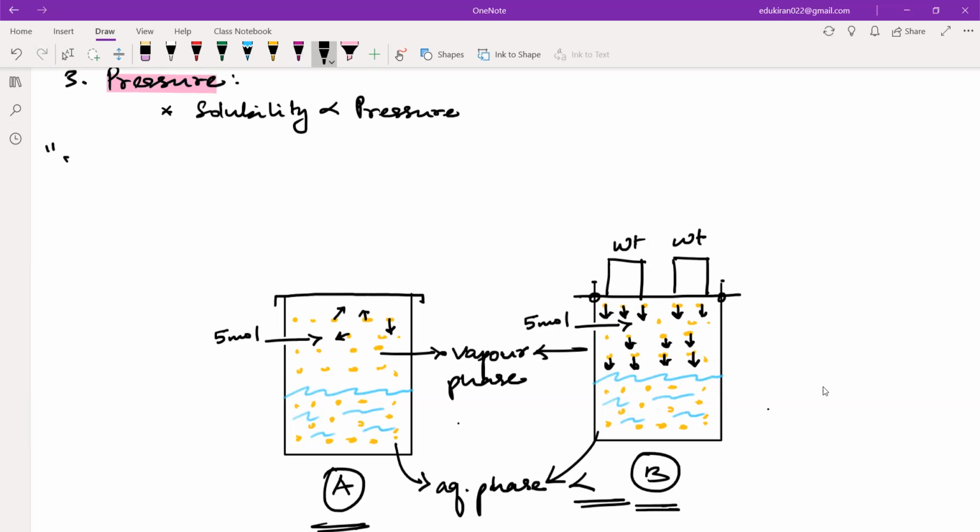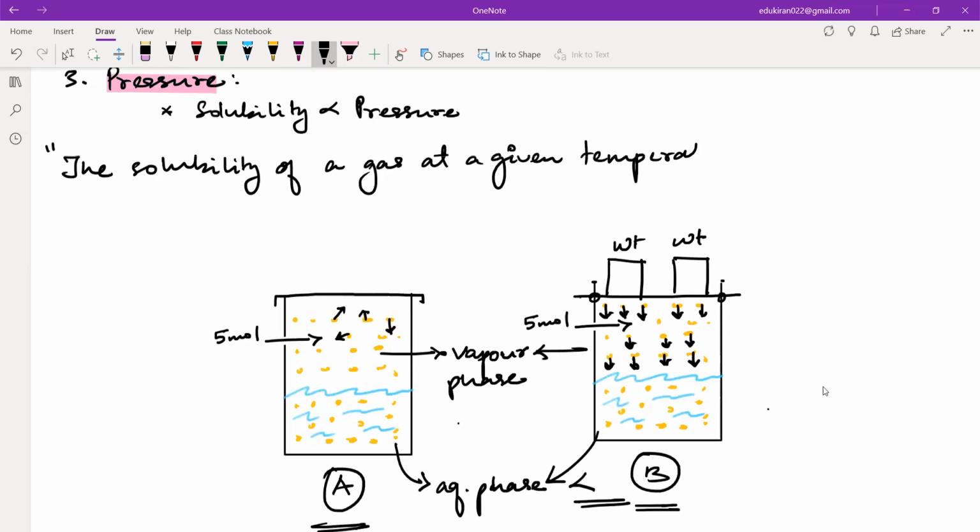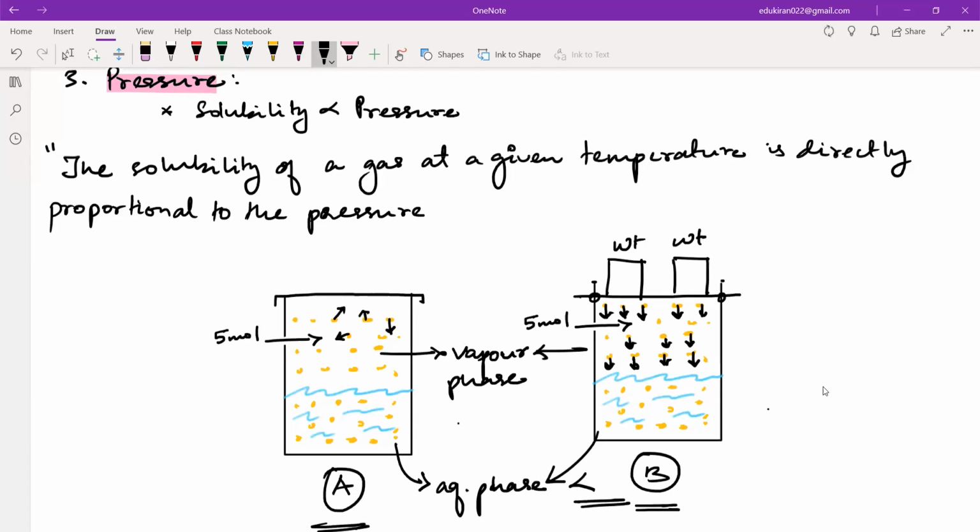Write with me: the solubility of a gas at a given temperature is directly proportional to the pressure at which it was added. ठीक है, चलिए यहाँ तक लिखिए.